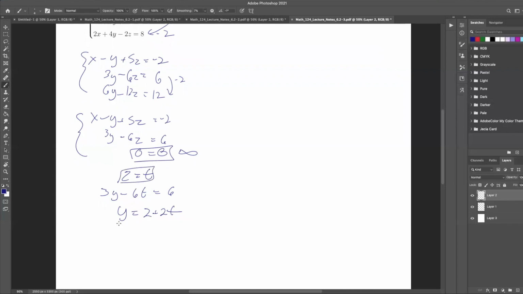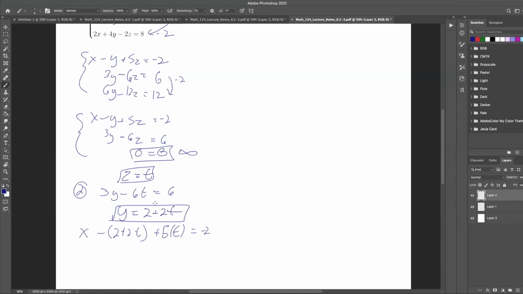So I'm letting z equal t, then y equals 2 plus 2t, and then we can figure out what x is. I'm just going back like I always do, but instead of plugging in z equal to a number, I'm going to have it be a variable t. Solving for x: x minus y, which is 2 plus 2t, plus 5 times z, which is 5t, equals minus 2.